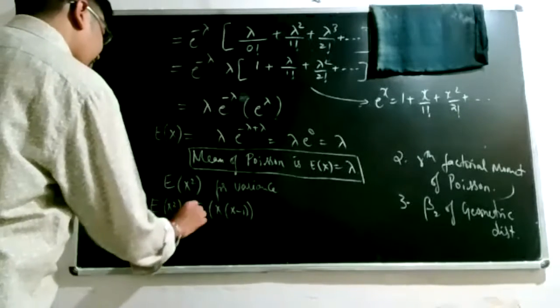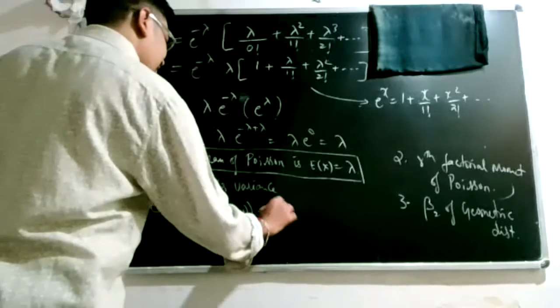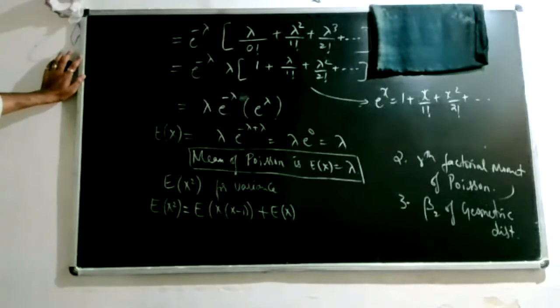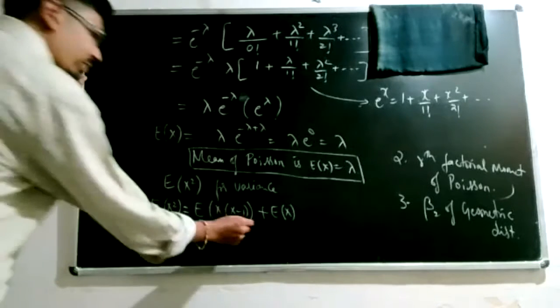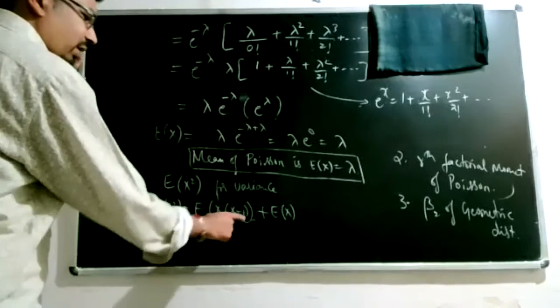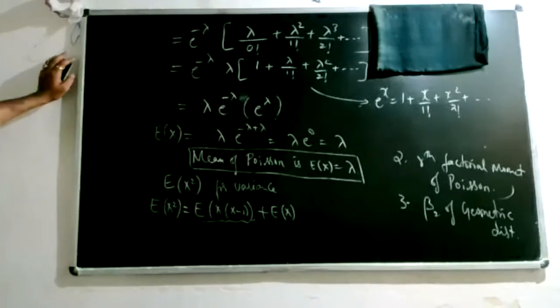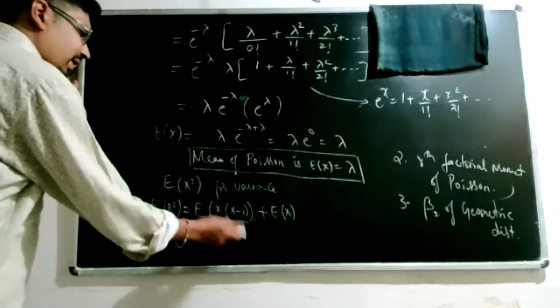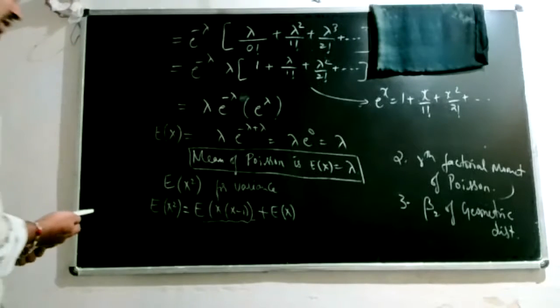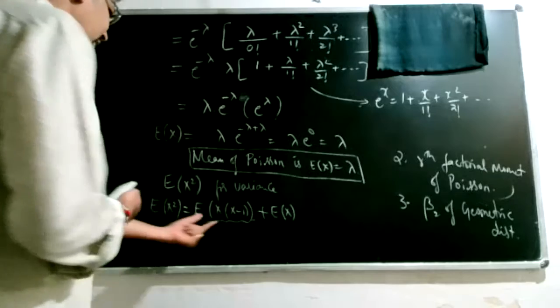From that you can obtain E of x square as E of x into (x minus 1) plus E of x. We can obtain this easily because we have x factorial. You can expand the x factorial as x into (x minus 1) into (x minus 2) factorial, and these get cancelled and you can easily obtain the value. So let us see how we obtain this now.